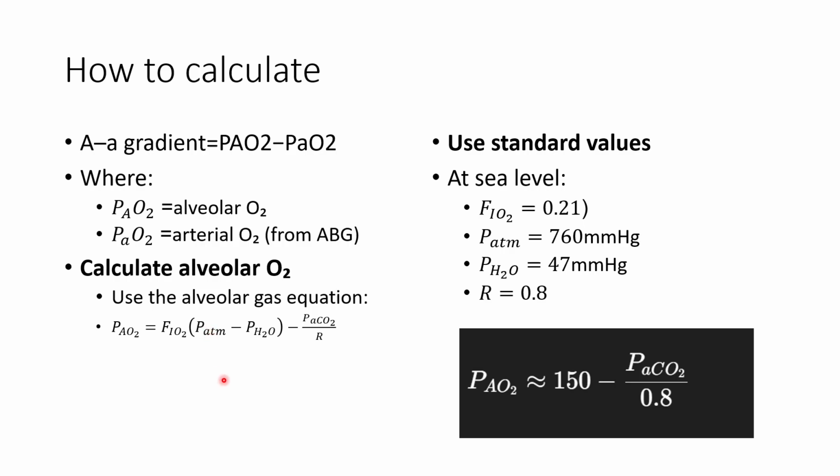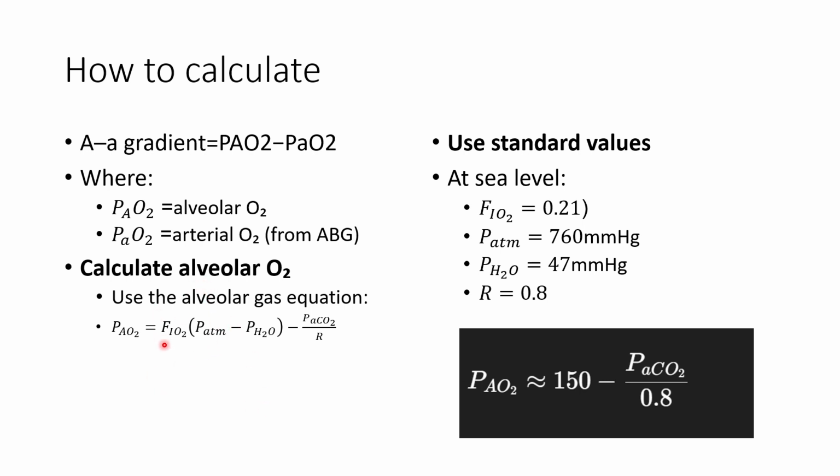How do you calculate this? Basically, this PaO2 you will get in your ABG itself. But the alveolar O2, you have to calculate. For the formula for alveolar O2, you check the FiO2. If the patient is on room air, it will be 21%. Otherwise, it will be whatever oxygen support you are giving to the patient.